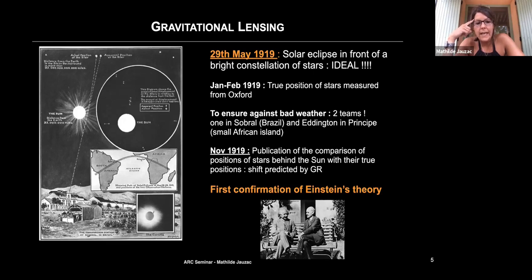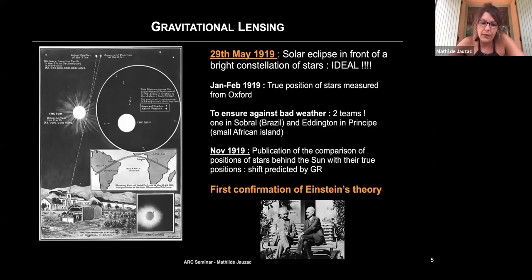How did he do that? On the 29th of May, 1919, there was a total solar eclipse happening in front of a really bright constellation of stars. And that was visible from, if you look at the image on the left, Brazil and Africa. So what Eddington did is that in January and February, he measured the true position of the stars from Oxford, and then sent two teams, one in Brazil and one in Principe, a small island on the western coast of Africa.